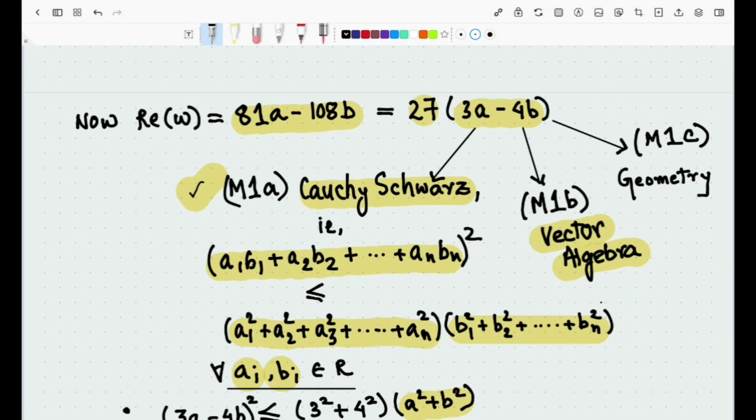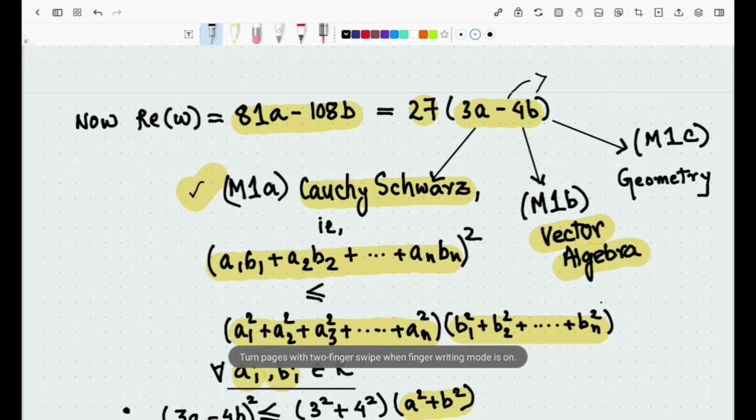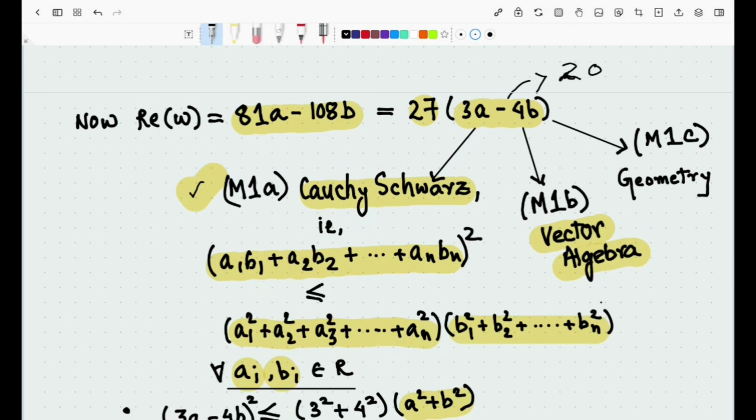So the maximum value of the expression 3a minus 4b is equal to 20, and the constant part, that is 27, is always present. So we have just multiplied 27 with 20 and we get the answer as 540.